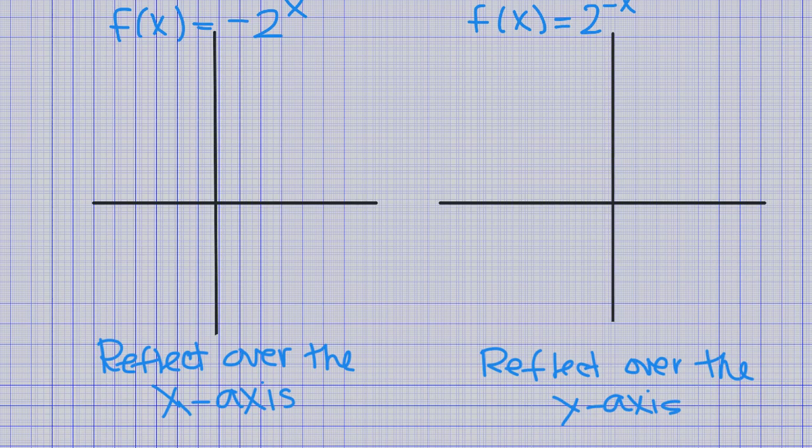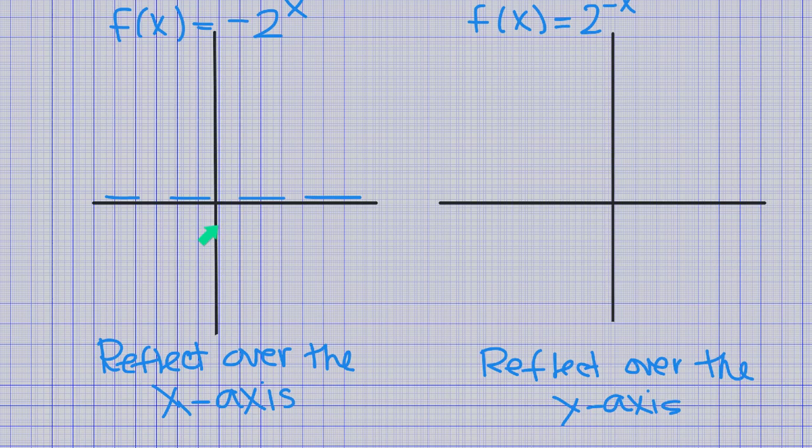So if we're going to consider reflecting over the x-axis, and normally there's an asymptote on the x-axis, it's going to stay put right there on the x-axis. So here's our asymptote. And then normally we have one above the asymptote, 1 unit up, and now we're going to reflect over the x-axis, so it's actually going to go 1 down.